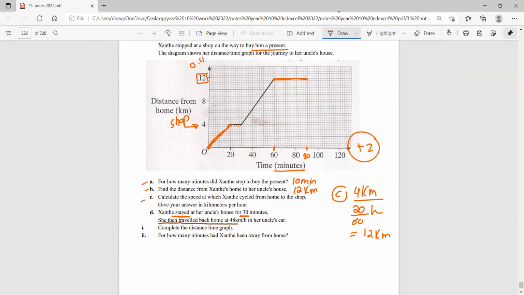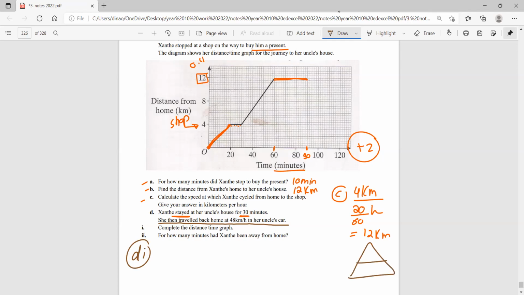She then traveled back home at 48 kilometers per hour. So I need to calculate the time taken from her uncle's house to her house. I need to know how long she spent on the road from her uncle's house to her home.